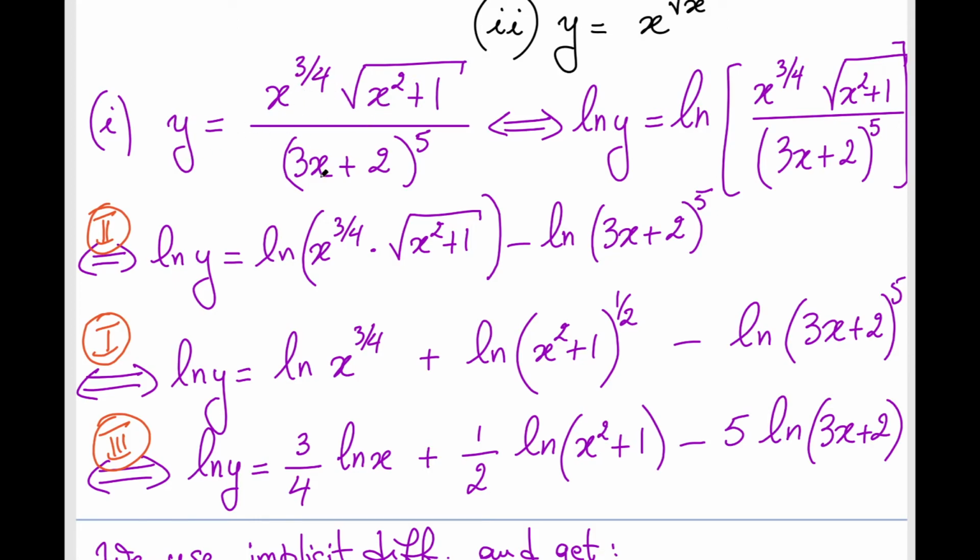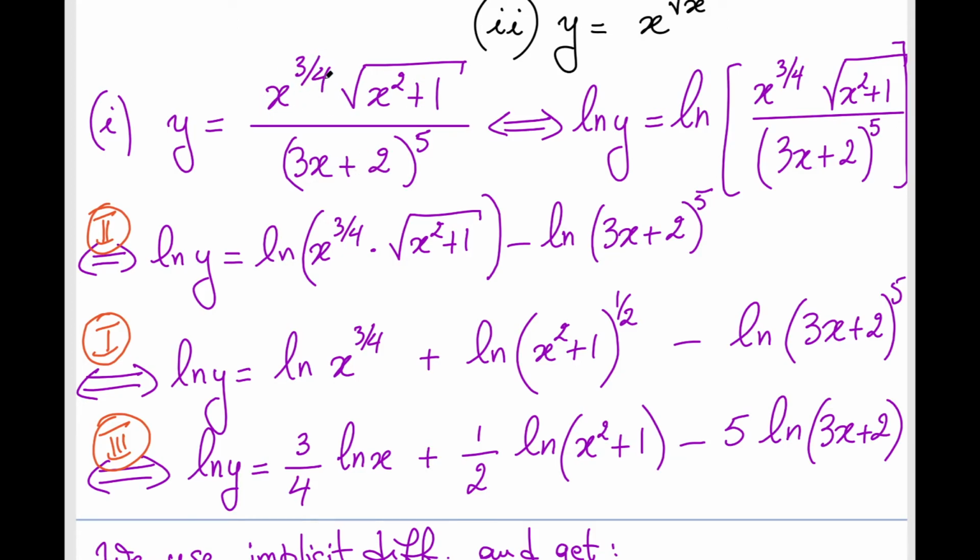The domain of y is 0 to infinity, including 0, right? Because look, this is fourth root of x to power 3, so x should be bigger than or equal to 0 for this to be defined. This is defined everywhere, and this guy is defined everywhere, and the only value that makes the denominator 0 is negative 2 over 3, which is outside of the domain.